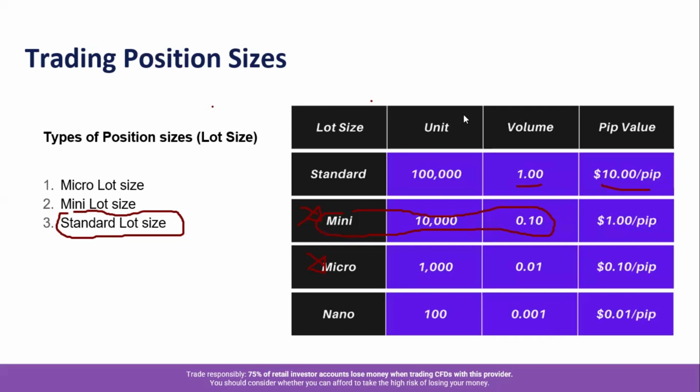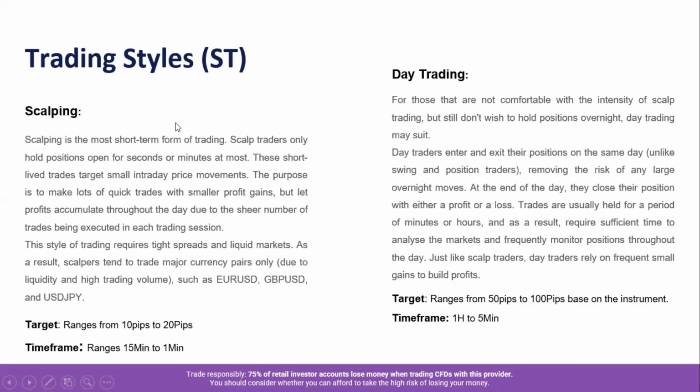So moving to the next point, which is explaining what scalping means and what day trading means, because they are the short-term trading styles. Scalping is the most short-term form of trading. Scalp traders only hold positions for seconds or minutes at most. These short-lived trades target small intraday price movements.